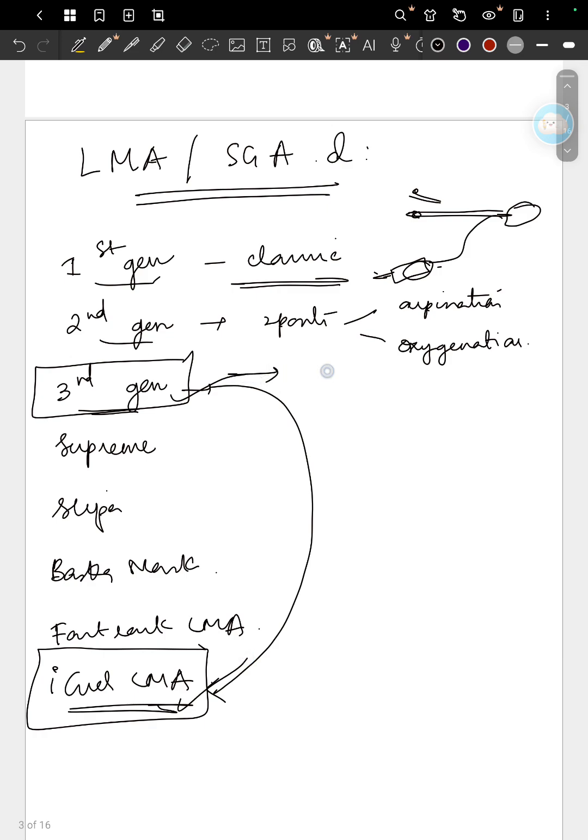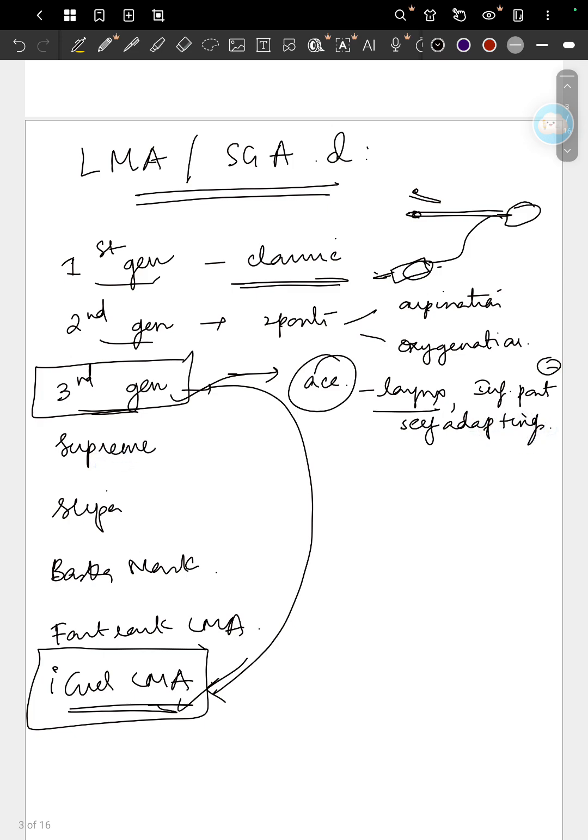Third gen LMA has accommodation capacity. It accommodates to the shape of the larynx, and it is devoid of an inflation port. Inflation port is absent, and it is self-adapting basically.